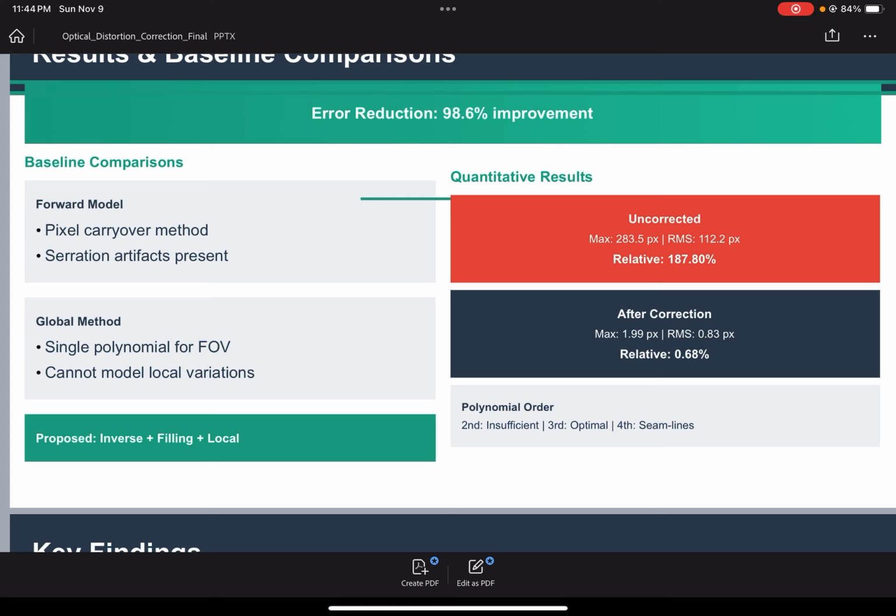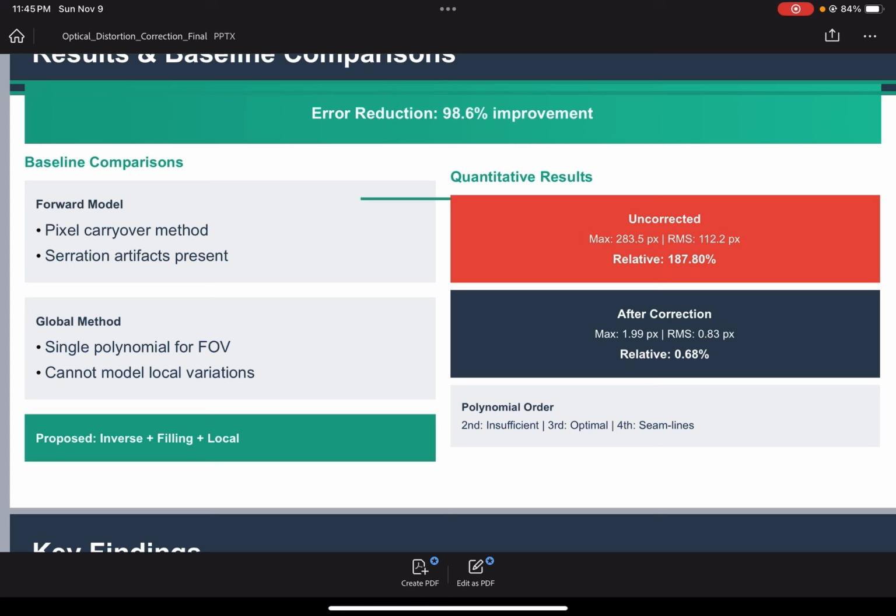And the second one is the global model that uses a single polynomial for the entire field of view. This approach cannot model local deformations effectively when distortion varies across the field of view, which it does in off-axis systems. So a global method simply can't capture all the local variation.